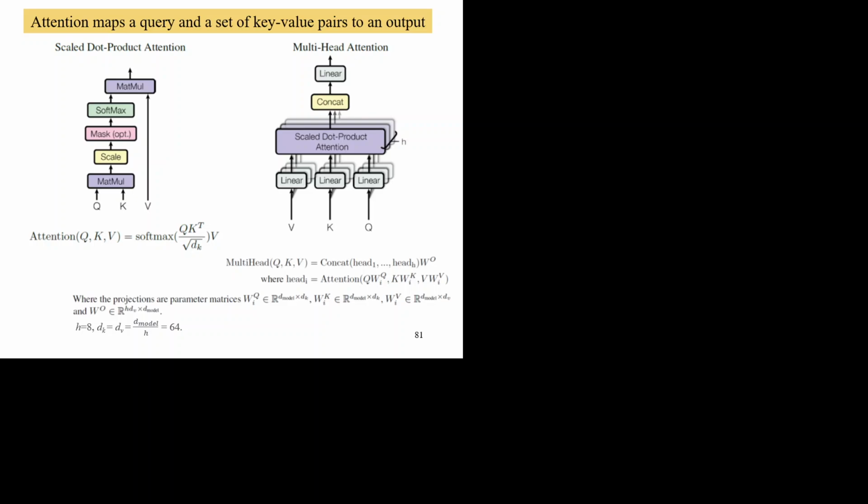So here you see the original Q, K, V. Q is 512 dimensions, and K as well.